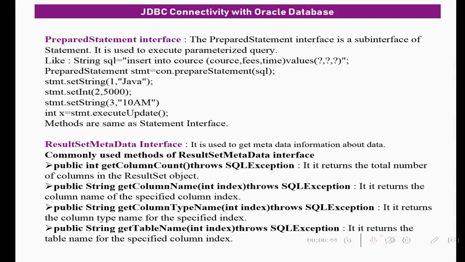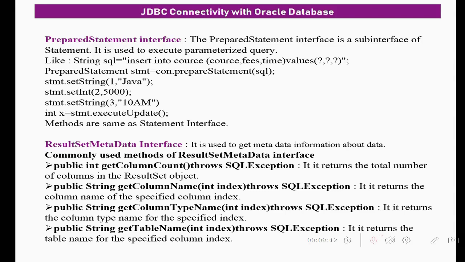Now let's understand the ResultSetMetaData interface. It is used to get metadata information about data. Commonly used methods of the ResultSetMetaData interface are public int getColumnCount() throws SQLException. It returns the total number of columns in our ResultSet object. Now the next is public String getColumnName().